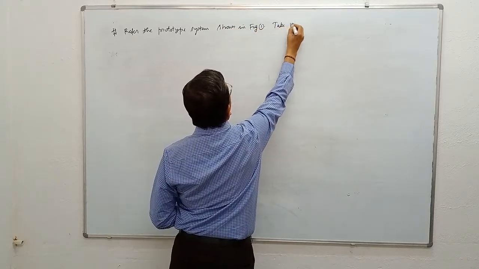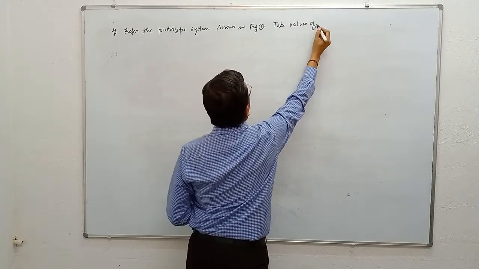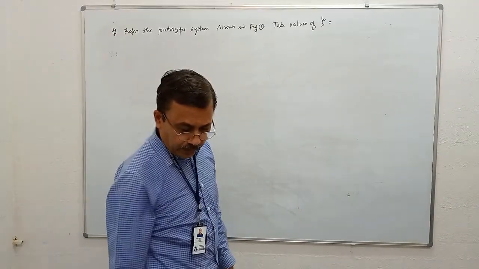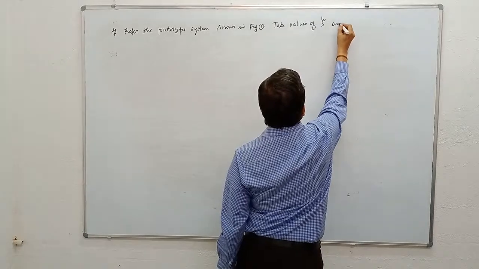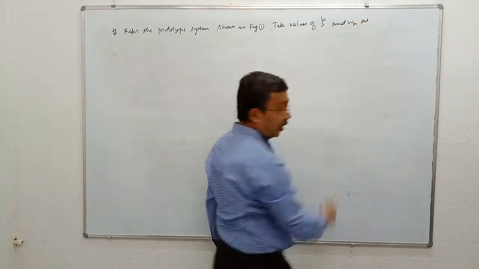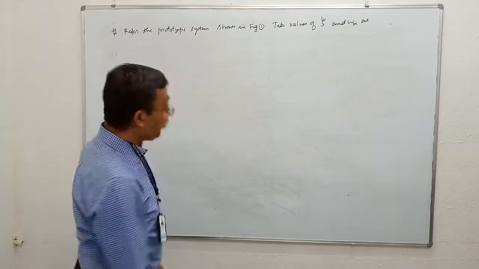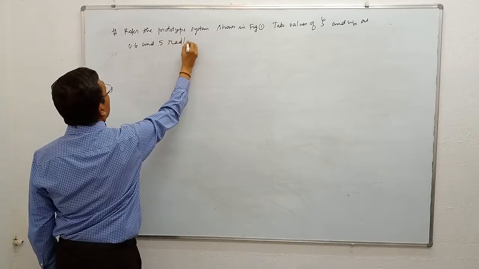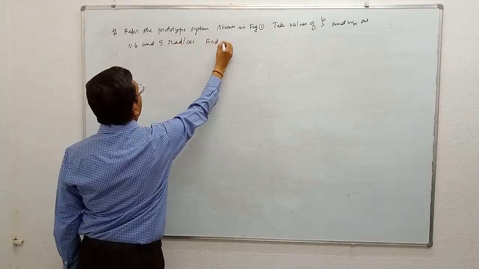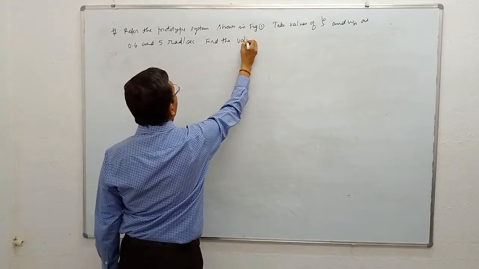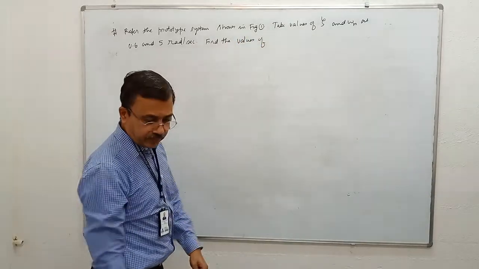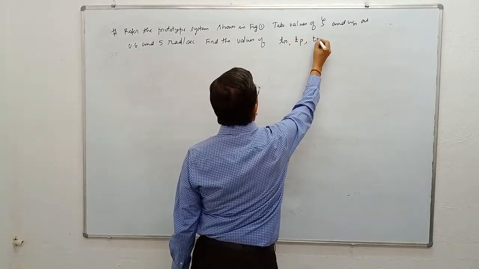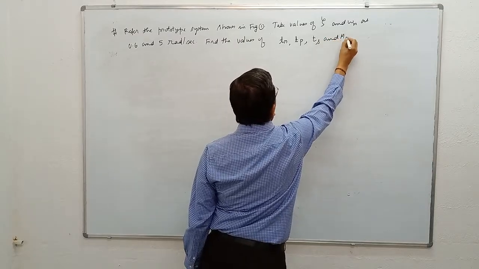Take the values of zeta and omega n as 0.6 and 5 radians per second. Find the values of Tr, Tp, Ts and Mp.